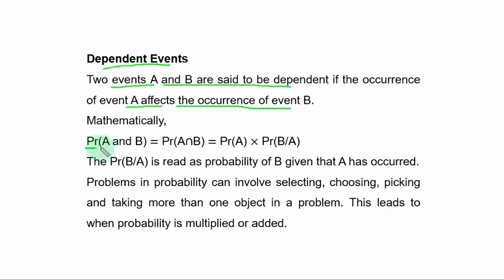Mathematically, probability of event A and event B, which are dependent, is equal to probability of event A intersection event B, and is equal to probability of event A times probability of event B given event A. The probability of event B given event A is read as probability of B given that A has occurred.